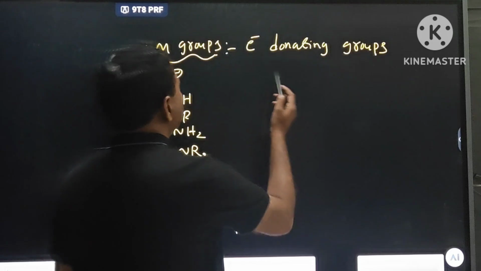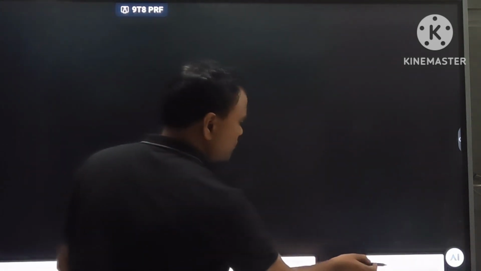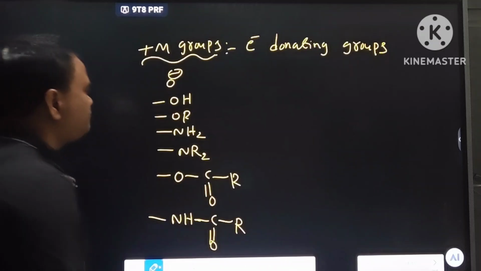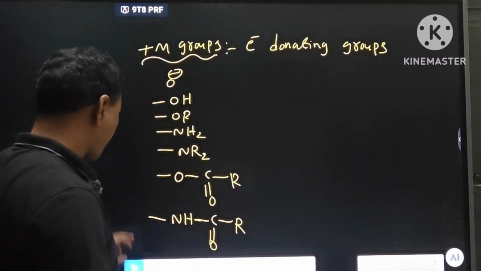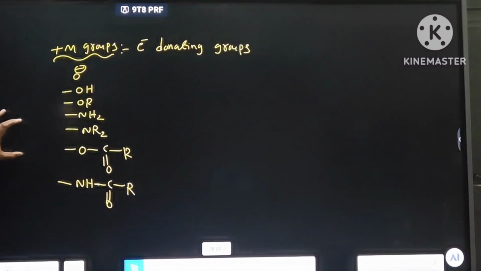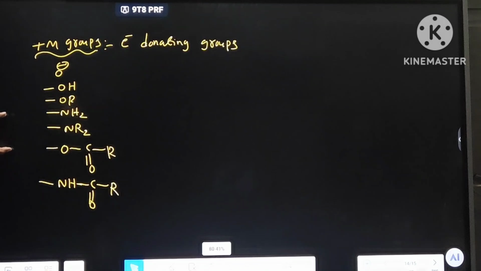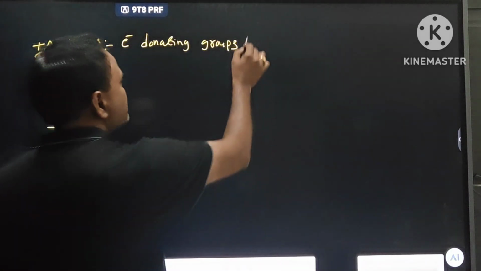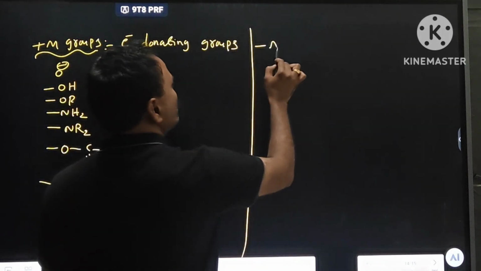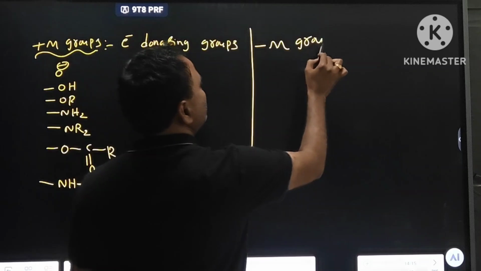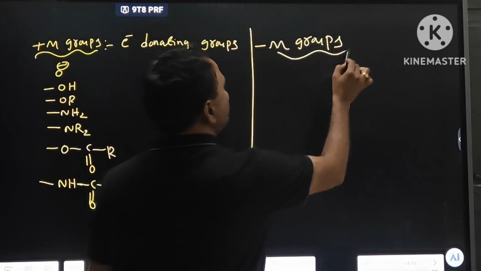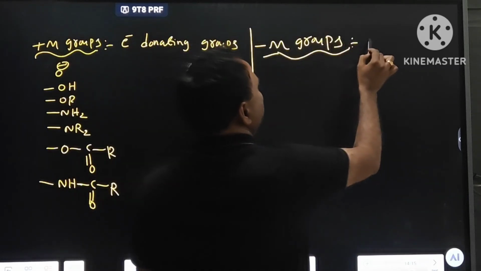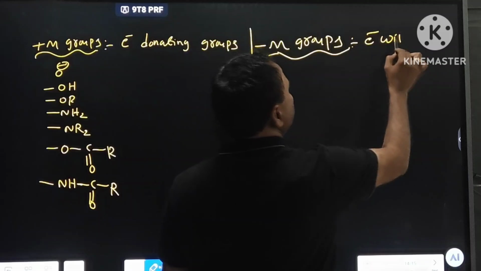Coming to minus M groups. Better to give here only. Just a second. What is the definition of a minus M group? Electron withdrawing groups.